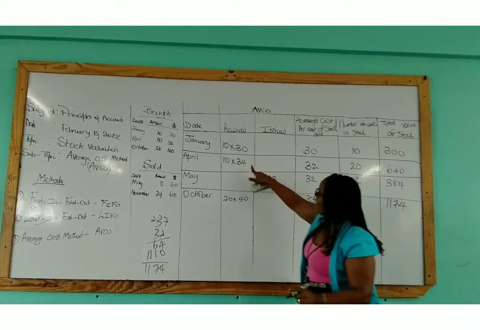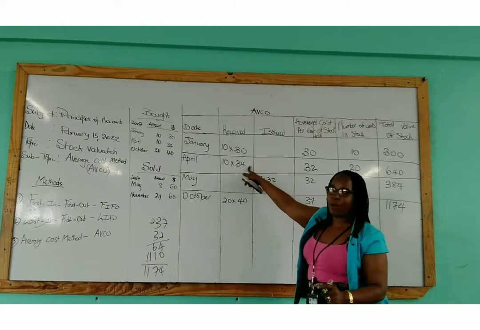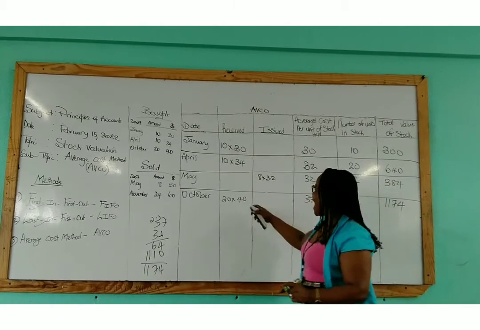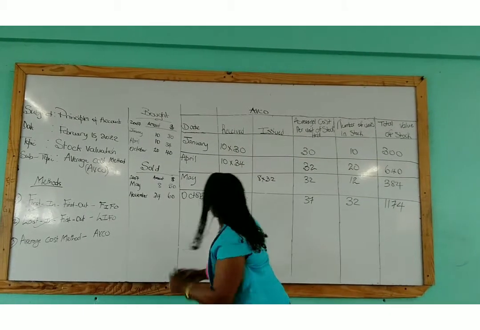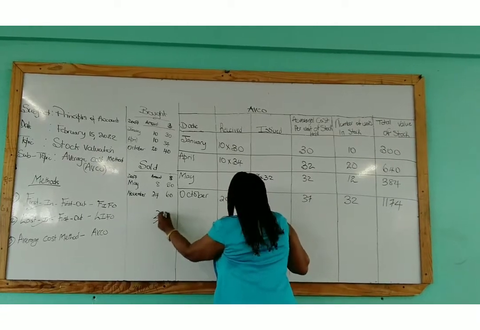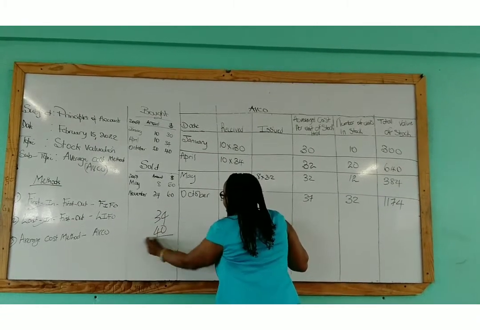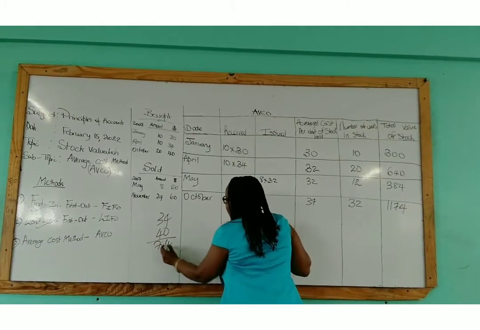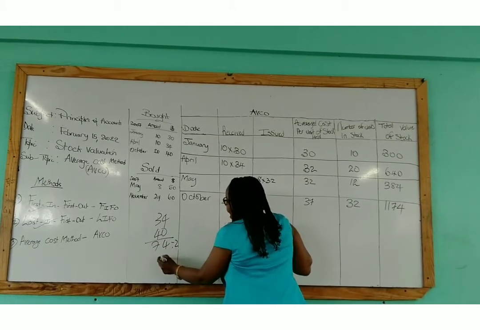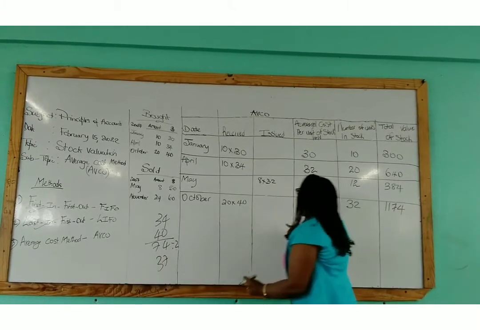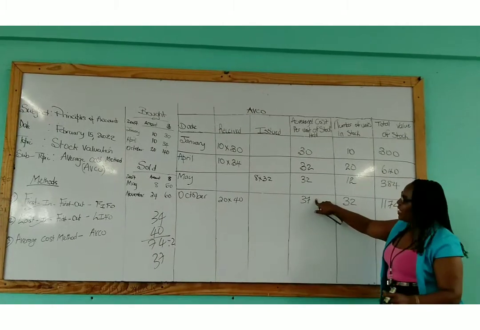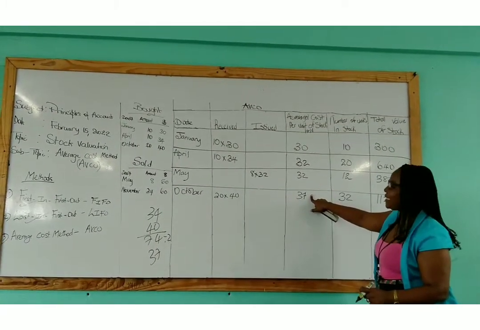And the last cost that came in was in April, which is 34. And hence we're going to have our 34 with our 40. And we are going to get 74, then divide by 2, and we are going to get 37. That is the reason I end up with this average cost of $37.